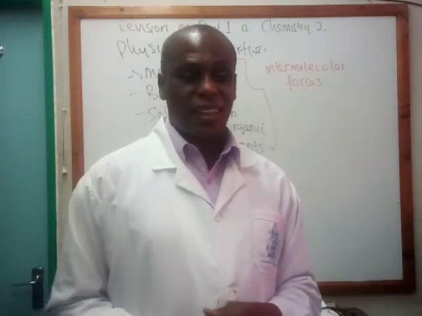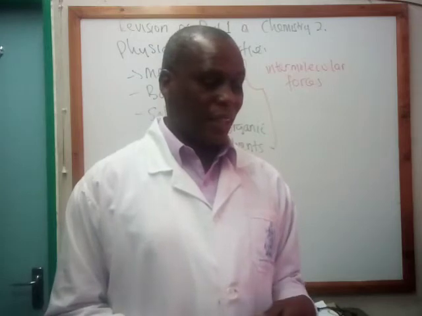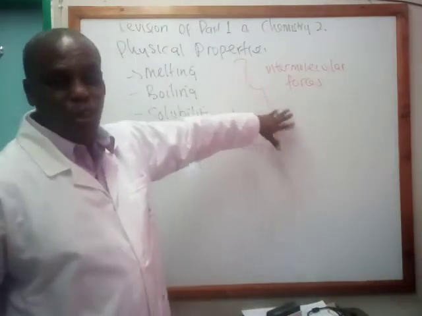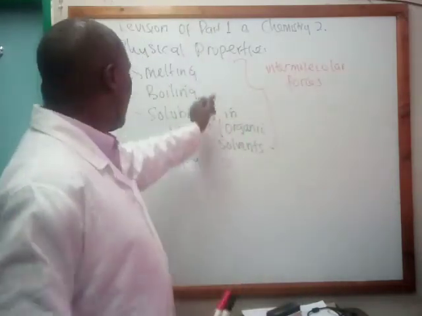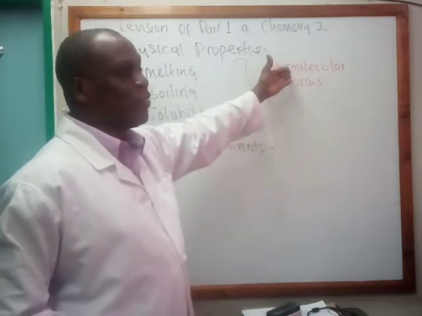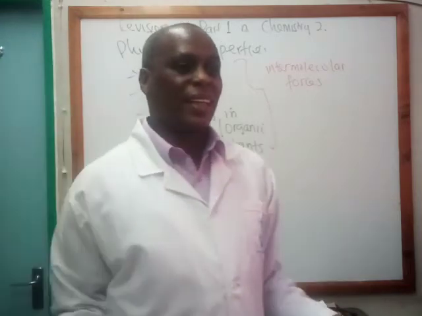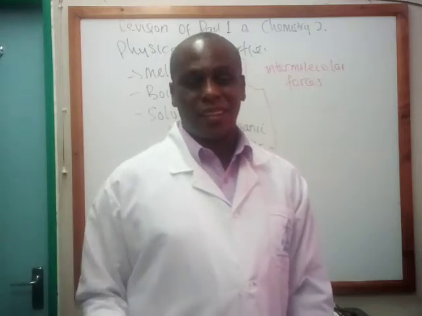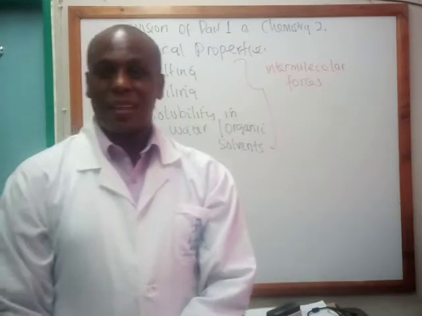So in this case, if there are no hydroxide groups and the rest, then it may be soluble in an organic solvent. But all those things you'll get in your notes. So for melting point, the ones which do not have a lot of intermolecular forces are weak in intermolecular forces. I don't like to use the word van der Waals, because van der Waals is a combined form.